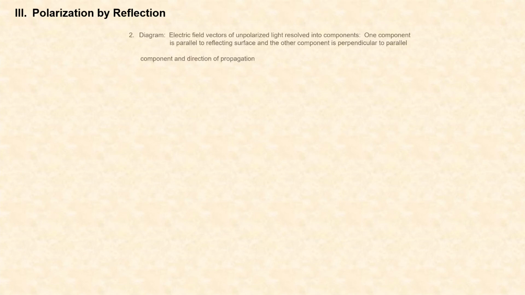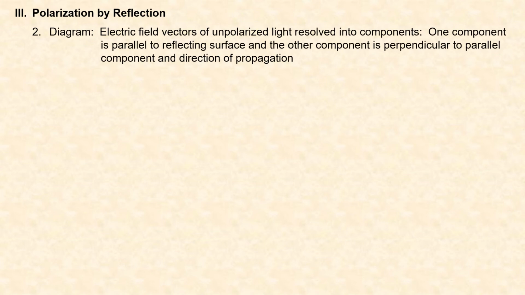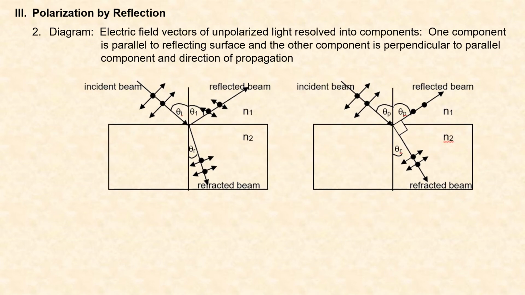So let's take a look at this phenomenon that we call polarization by reflection. And as you see in the diagram here, we're going to represent unpolarized light in terms of its two components. One component we'll call the parallel component. That's what I'm representing here by this dot, as if this component is going into the plane of the paper, into the plane of your computer screen.